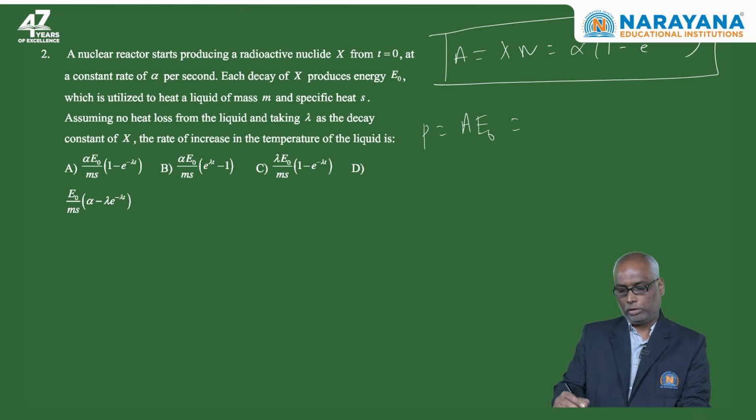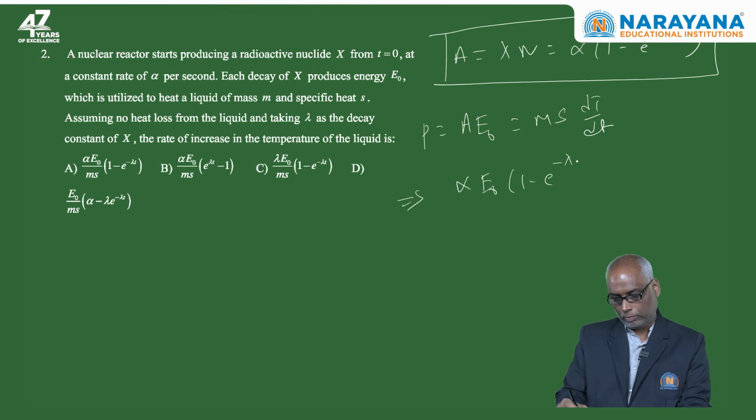The power required for heating the substance, letting the rate at which the temperature is changing be dT by dt, can be written as m S dT by dt. This implies alpha E naught into 1 minus e to the power of minus lambda t is equal to m S into dT by dt.